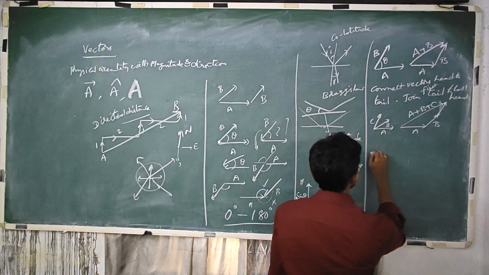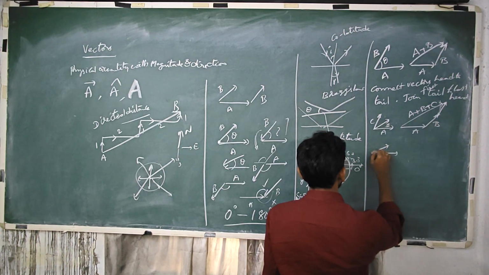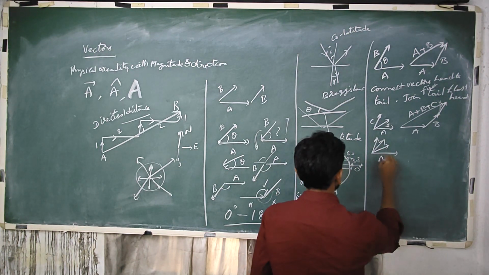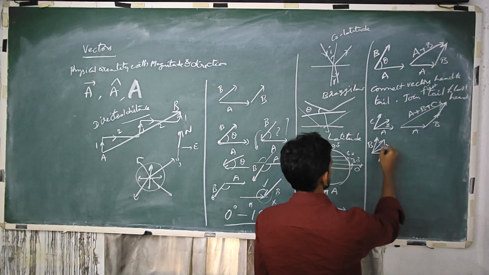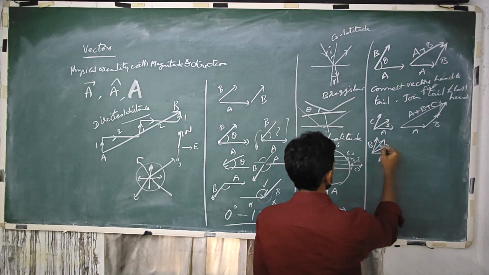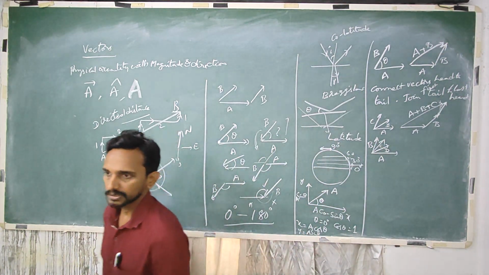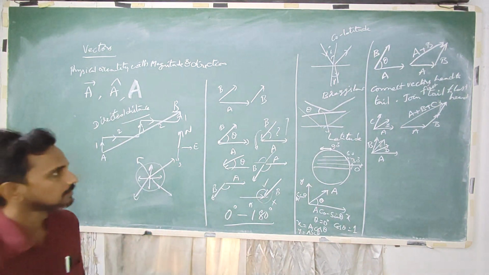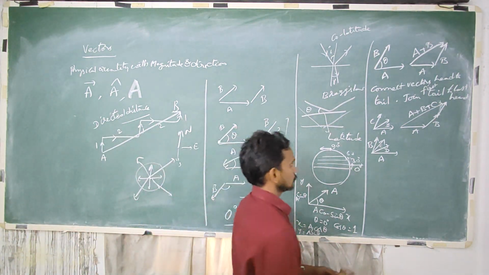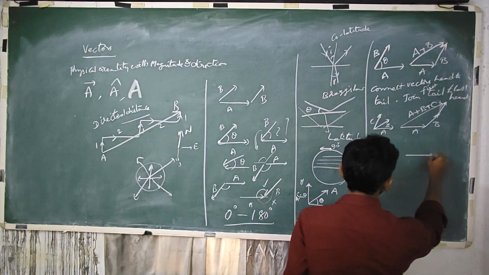So let's say if you have different sets of vectors, like if your names are different, like this is A, B, C, D, then what to do? You have to join them in the order of increasing angles.